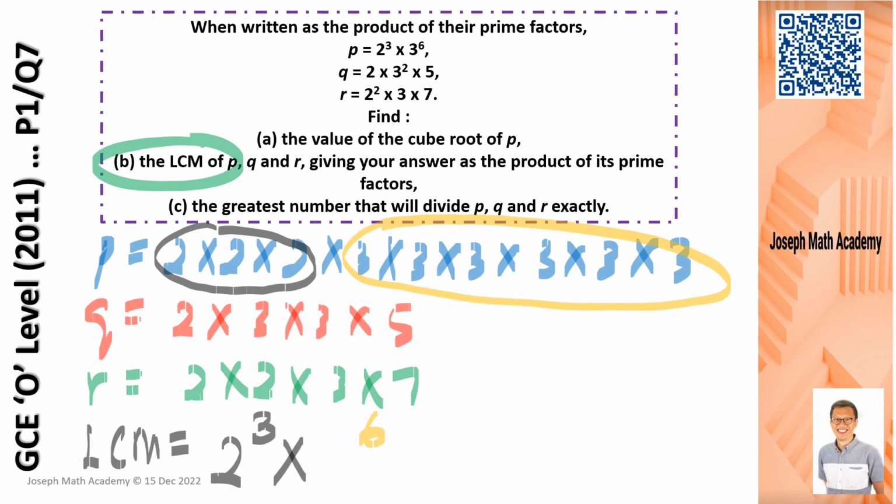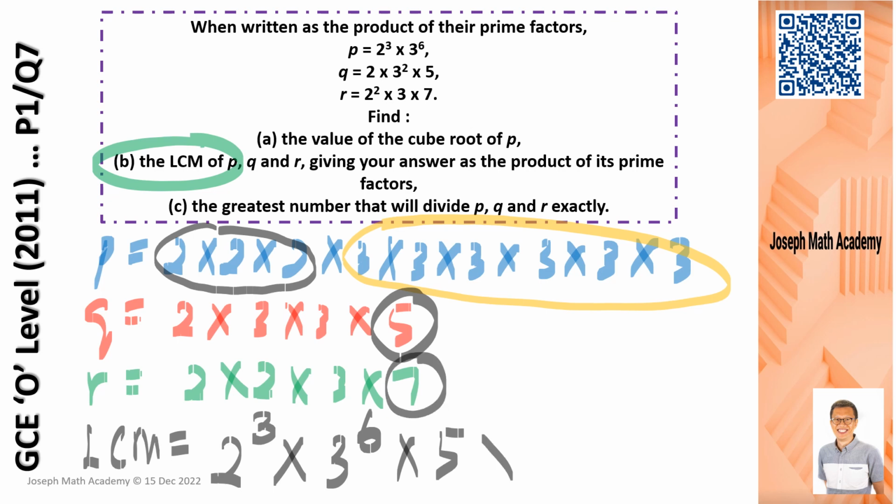So we have 2 settled, 3 settled. Now we still have another one. We still have this. So we have to include the 5, and only Q has the factor 5, and R has a factor 7. Any more comment?